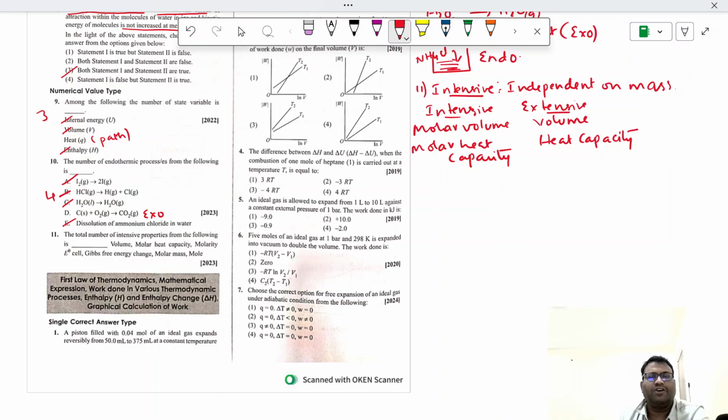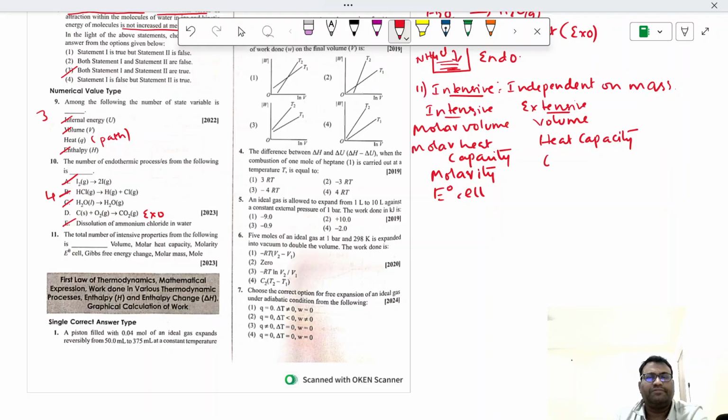Next, molarity, concentration. Concentration is an intensive property. Next, EMF of the cell is an intensive property.